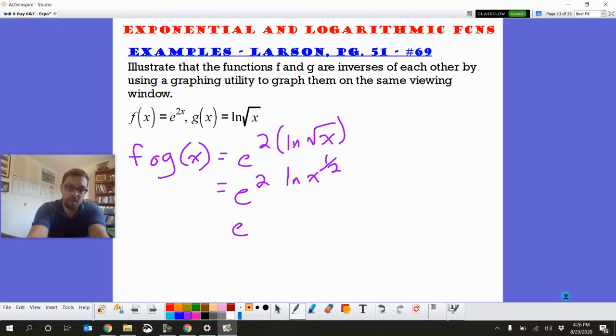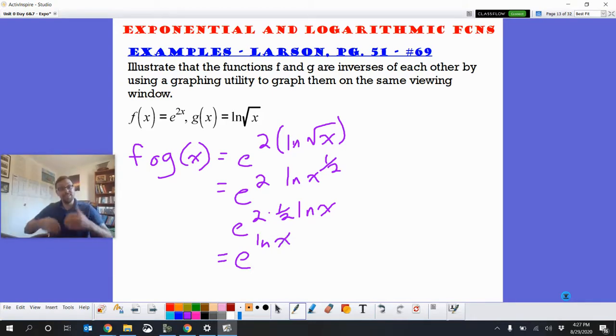So we end up with e to the 2 times 1/2 times ln of x. 2 times 1/2 is just 1, and we end up with e to the ln of x. Now, e to the ln is an operation that undoes itself, just like squaring and square rooting. So that e and the ln are just gone, and all we're left with is whatever was inside of the logarithm, in this case, x.